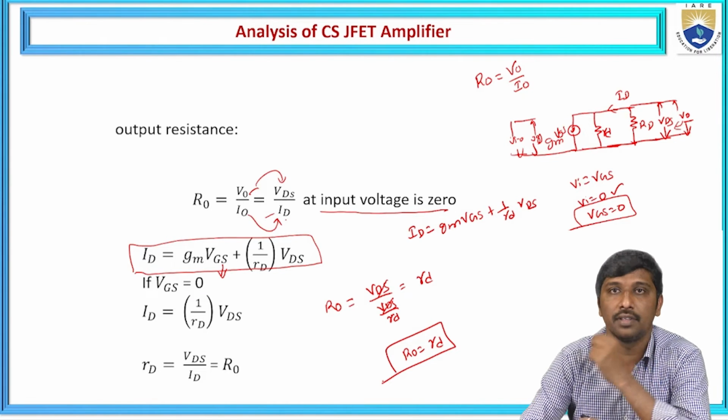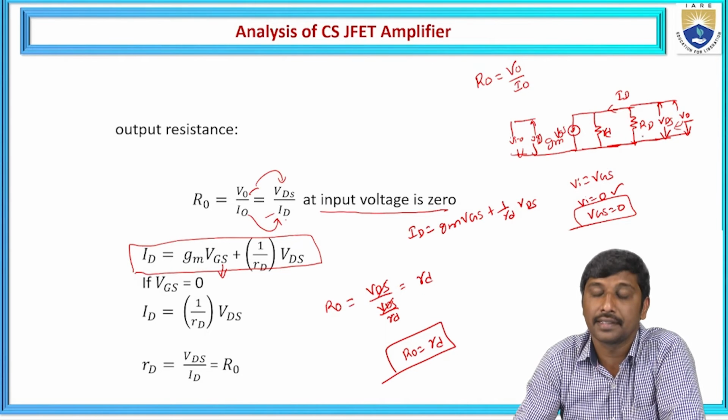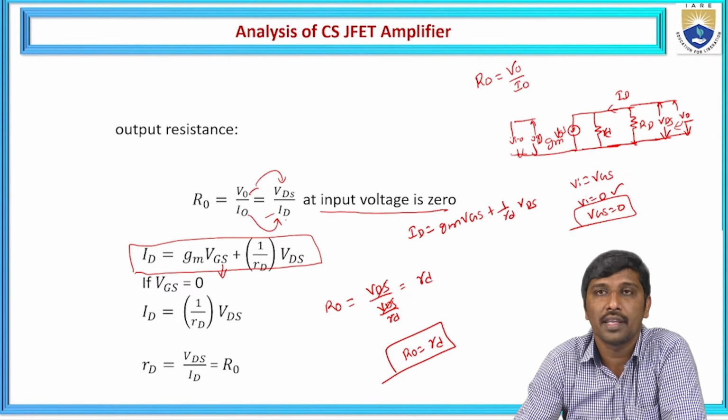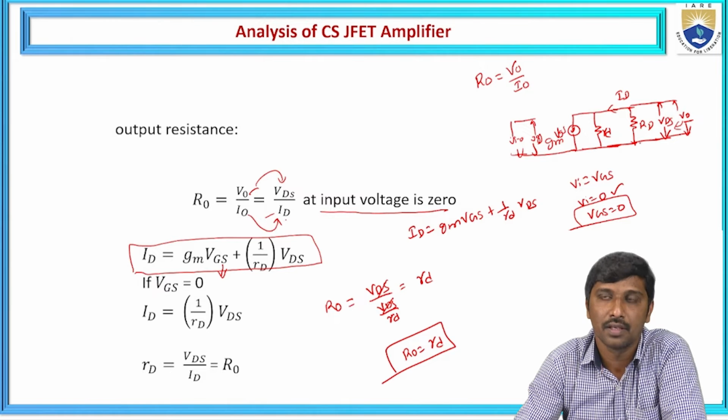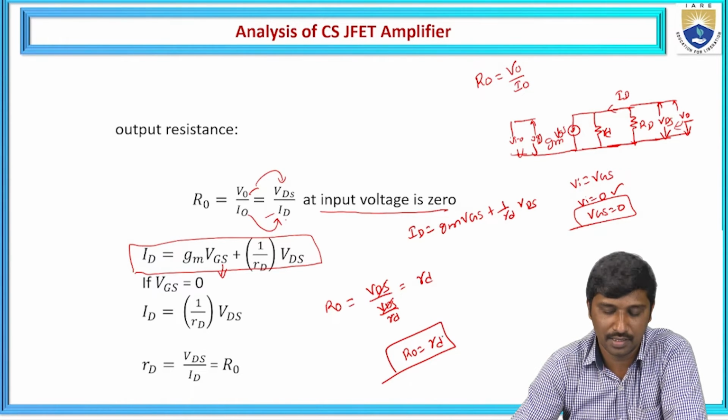In this case, I am not considering the external load resistance or external drain resistance. If you do not consider the external load resistance, the output impedance is exactly equal to the internal drain resistance, that is our internal AC resistance.